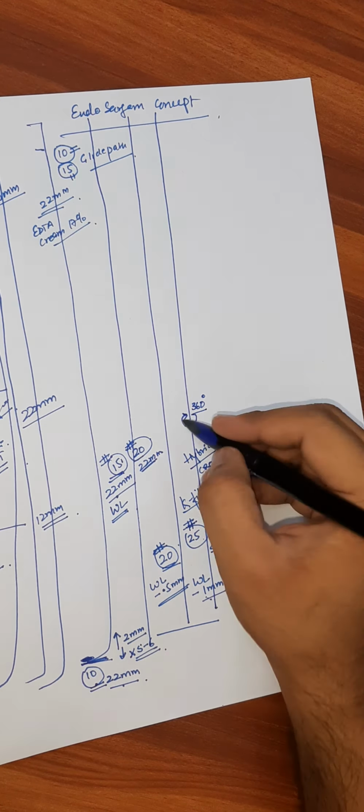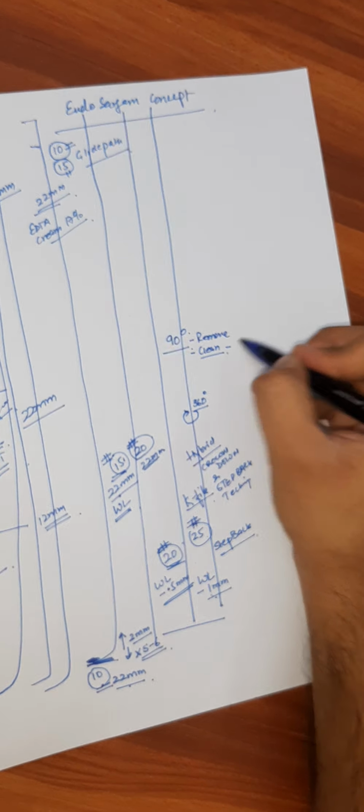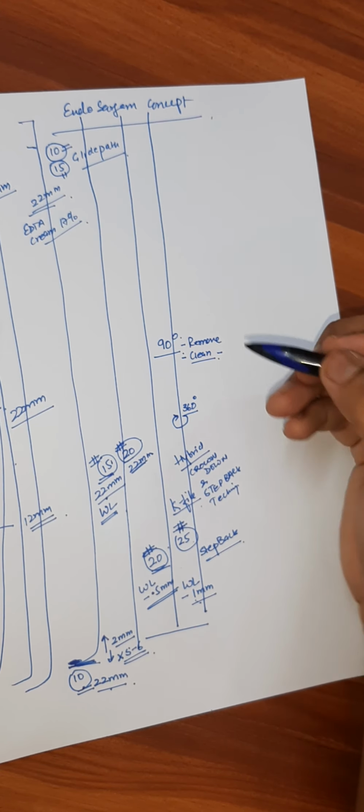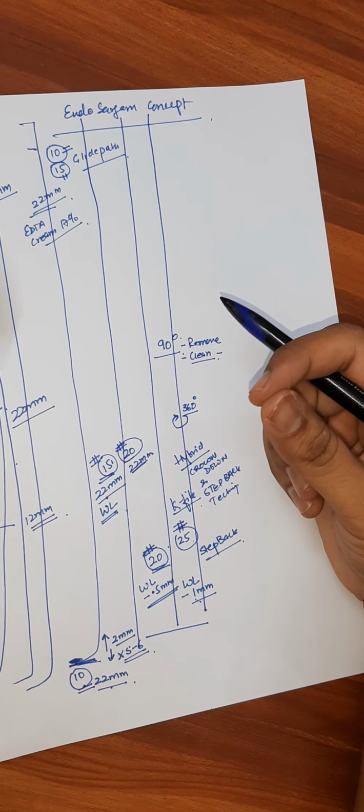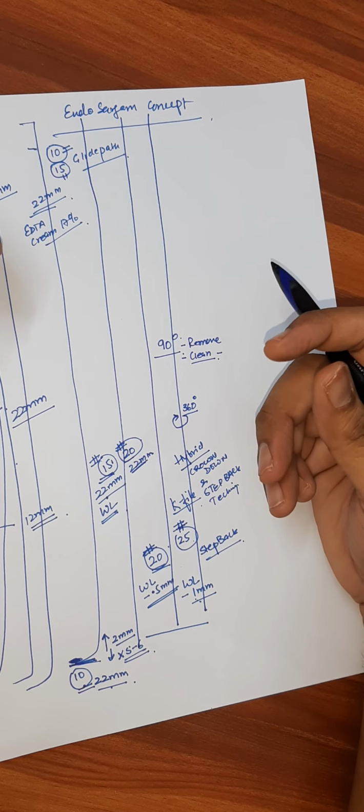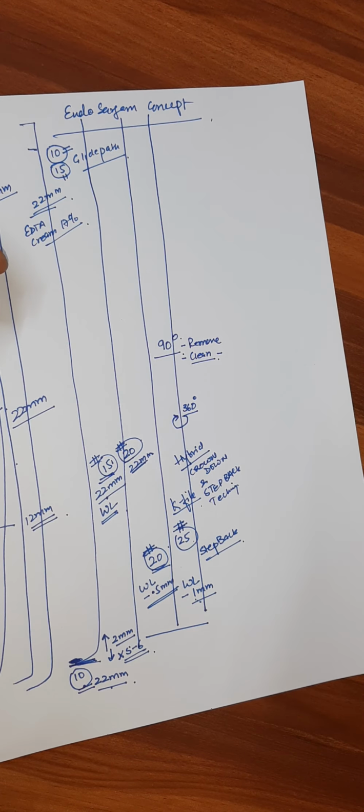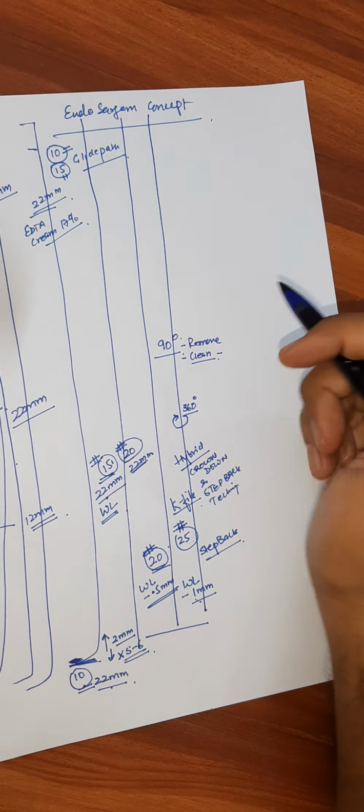clean the file. How to clean a file? Use a cotton sponge or the 2x2 gauze that we use, dip it with alcohol, clean your entire file and bring it out. Now your file is ready. Observe the file if it has any kind of tweaks, or it has been twisted somewhere, or the flutes have opened up.